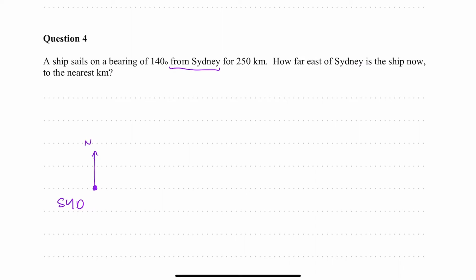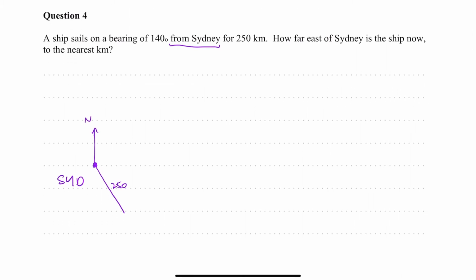So that's north. 140 degrees is greater than 90 but less than 180. This was for 250 kilometers. And the question is, how far east of Sydney is the ship now? So basically Sydney is here, and now I'm here.